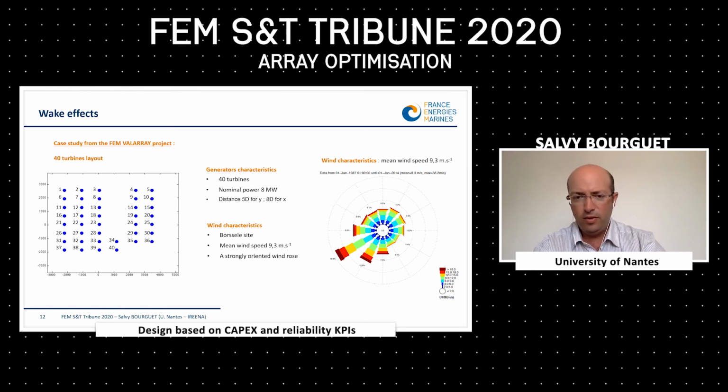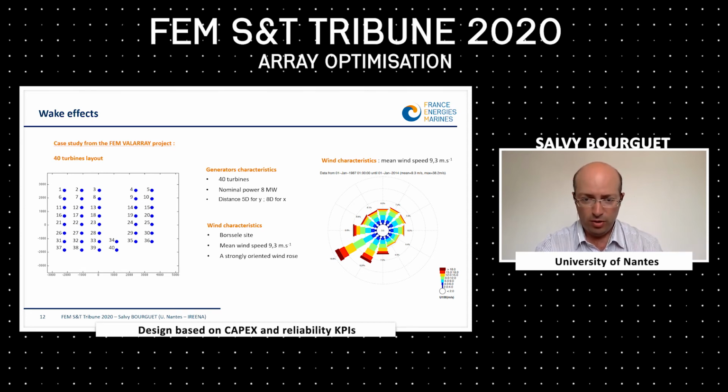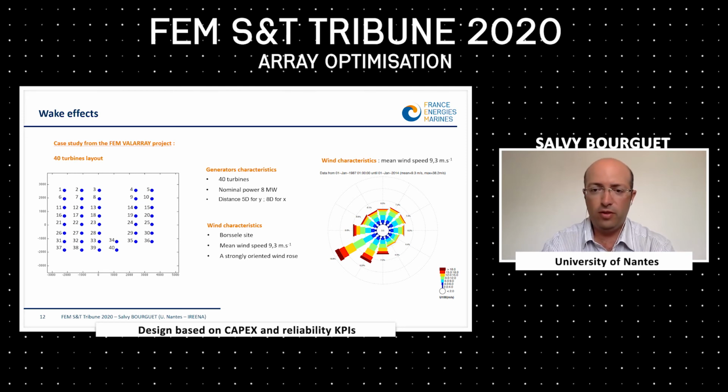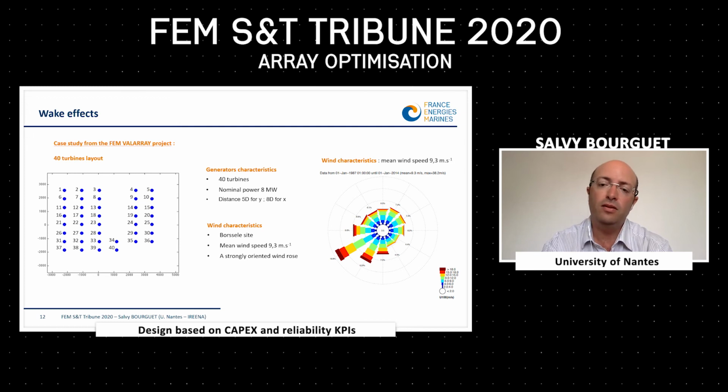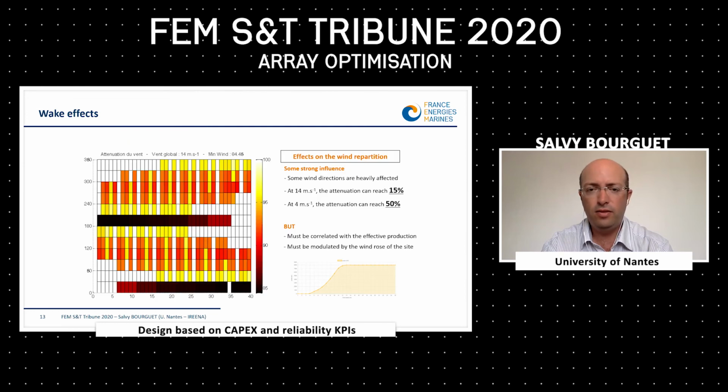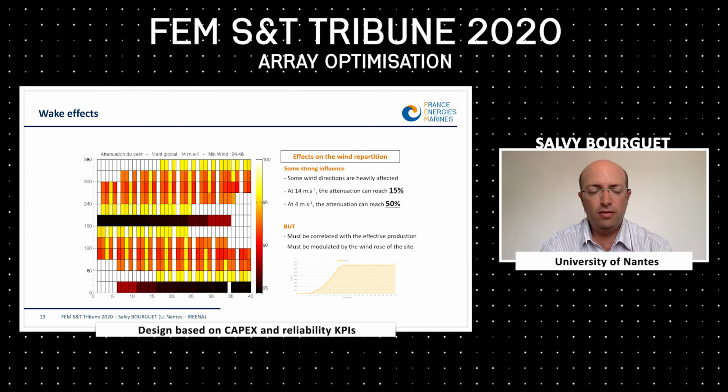We use here the wind characteristics of the Bourguet site, which is something really well documented, with a mean wind speed of 9.3 meters per second and a quite strongly oriented wind rose on the southwest part, as you can see here. If we have a look inside, we can say that the effects of the wind repartition could be quite strong.